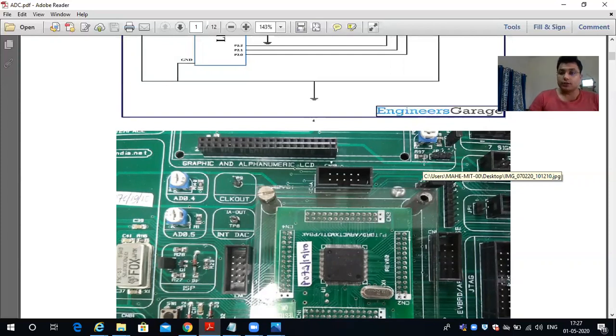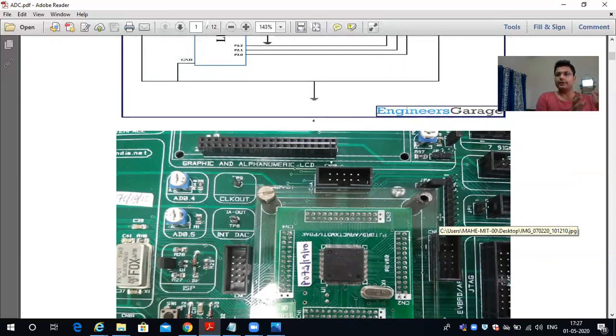So every microcontroller requires one peripheral, the analog to digital converter, for processing analog signals. For example, our controller can be interfaced with a temperature sensor, and the temperature sensor can sense the temperature and produce an analog signal out of it. But our controller can only understand digital input.